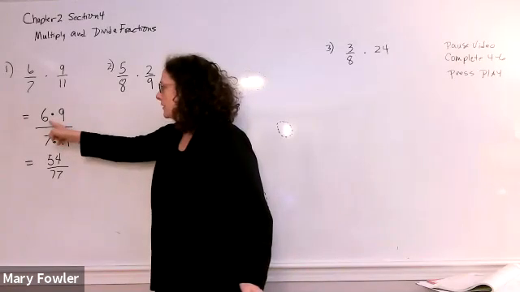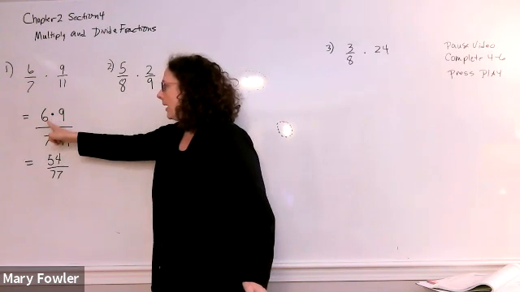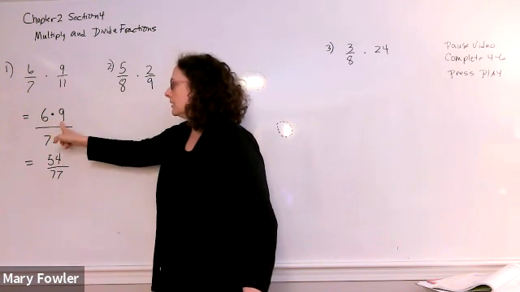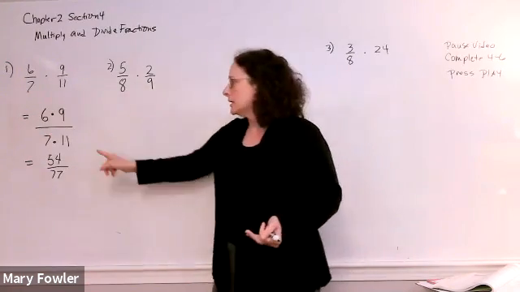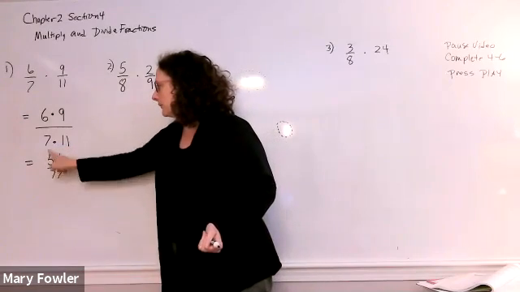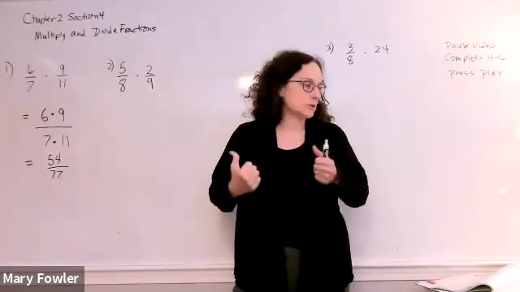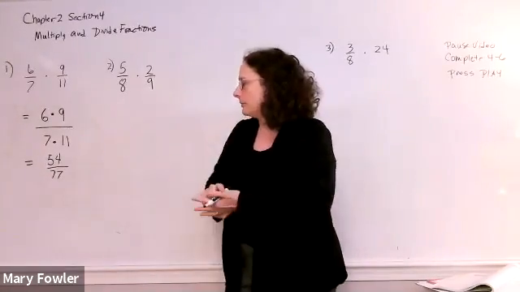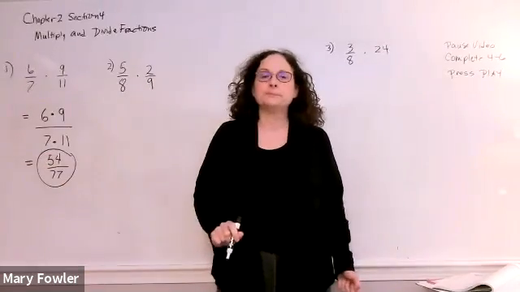The numerator has a factor of 6 and a factor of 9. 6 has prime factors 2 and 3, and 9 has prime factors 3. So the numerator consists of prime factors 2 and 3. The denominator consists of prime factors 7 and 11. So there are no common prime factors, and that means that this problem is complete. It's in its lowest terms, and we're just going to circle it.